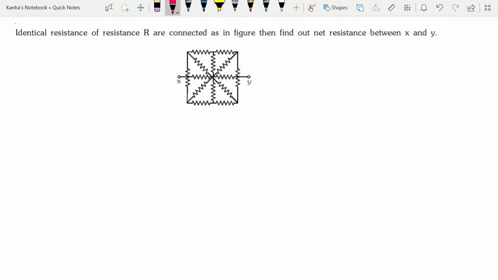Let us take a look at another question. Identical resistances of resistance R are connected as in the figure. You are supposed to find out the net resistance between the points X and Y. So let me just redraw this again. I have my X here, then I have a resistance going to some point.